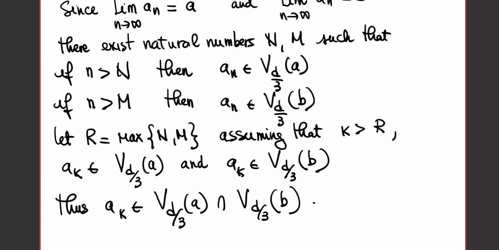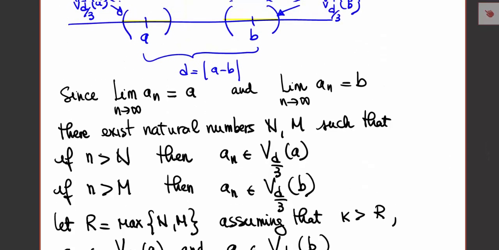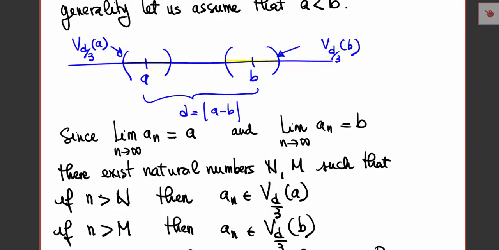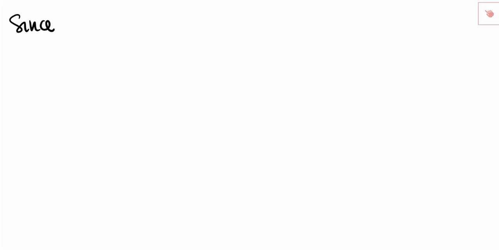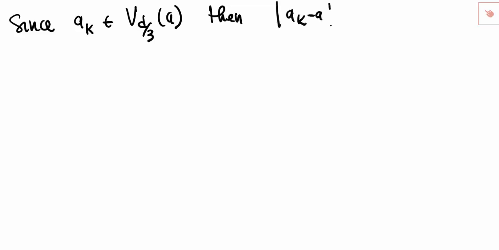So now to complete the proof, we just need to prove that this is absurd, so that these two neighborhoods don't overlap as illustrated previously here. But an illustration is of course not a proof. Let us be very precise about this. Since a_k is in this neighborhood of A, the distance between a_k and A has to be strictly smaller than d/3.